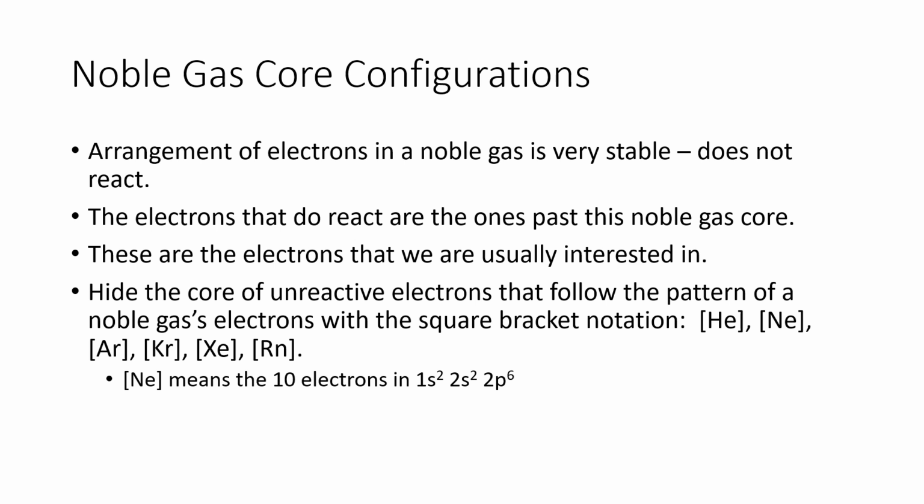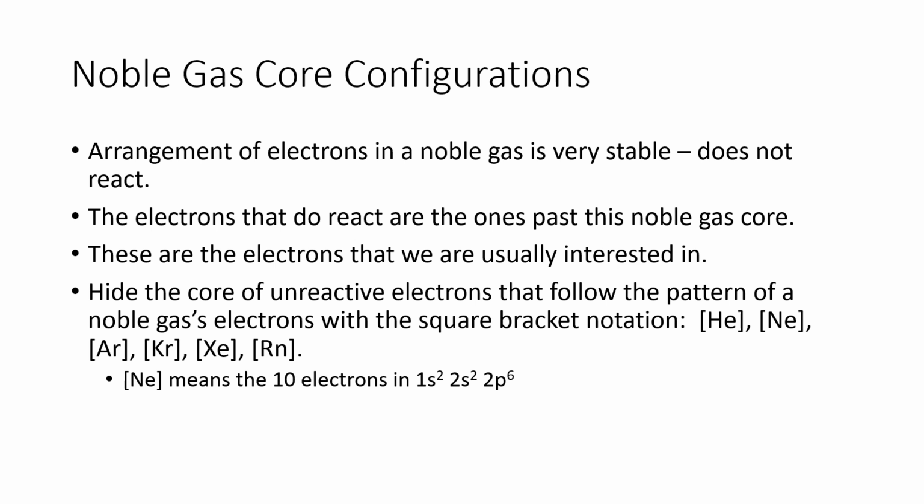So we can hide all of the electrons that are arranged in the same configuration as a noble gas's electrons by putting the element symbol in square brackets and then writing only the electrons that follow it.